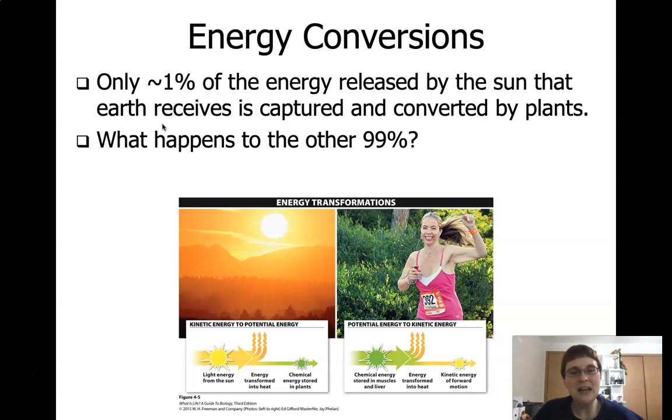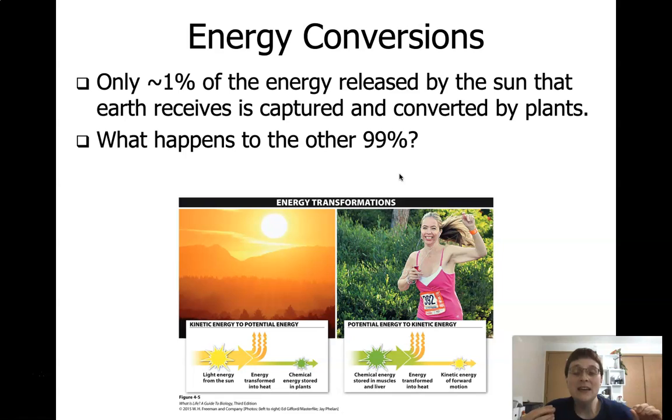Where does the other 99% of the energy from the sun go, right? So we've got all the sunlight that comes in, and only 1% of it gets captured and converted into chemical energy by plants via photosynthesis. Where does the other 99% go?